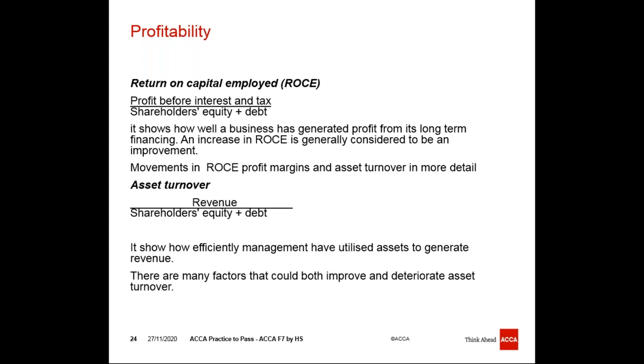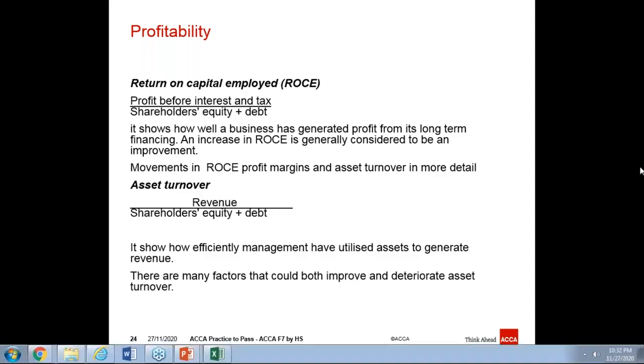Similarly, if the capital employed has increased over the period, then the ROC might go down because they have an inverse relation. Similarly, for asset turnover, if there is a decrease, that means there might be a decrease in revenue or an increase in capital employed. These are the important things that you should mention.